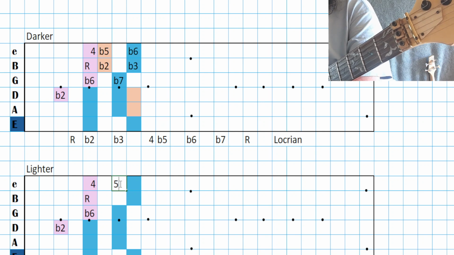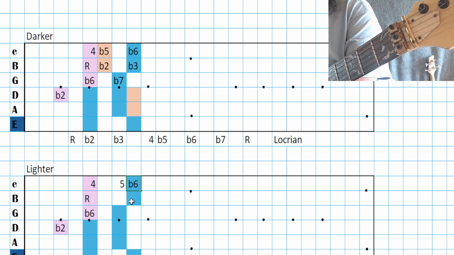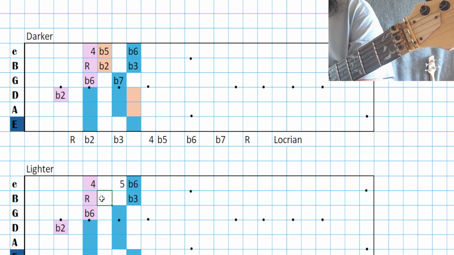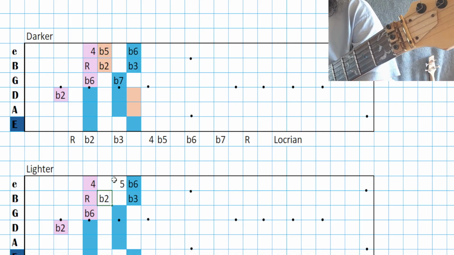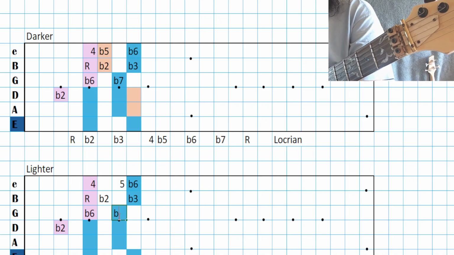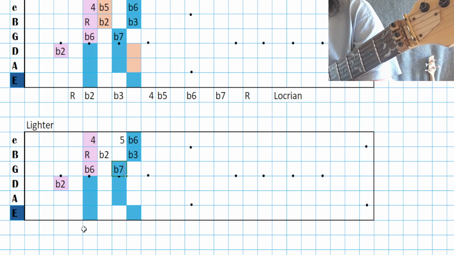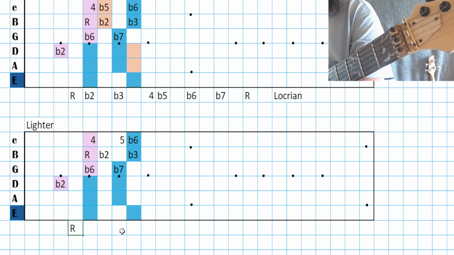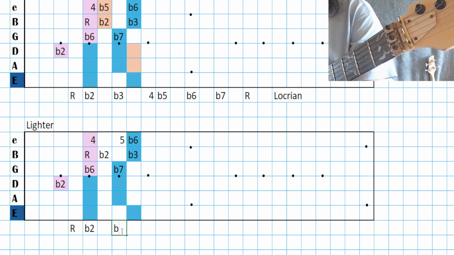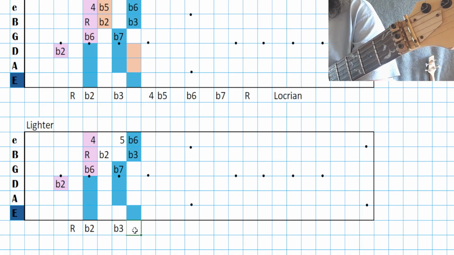a regular 5, then the flat 6, and the flat 3rd, and the flatted 2. And then if you consider that scale, you get something that you recognize as root, flat 2, flat third, with a 4.